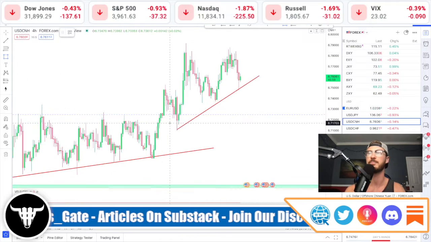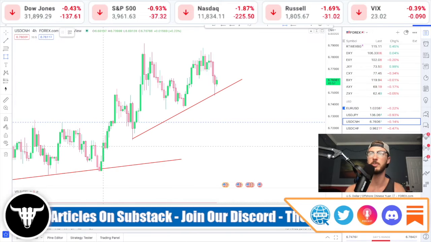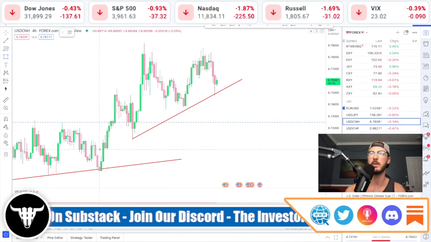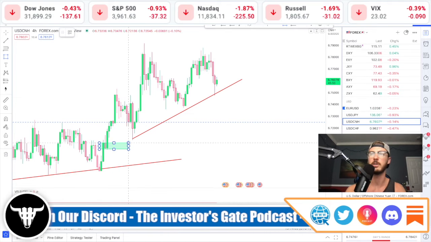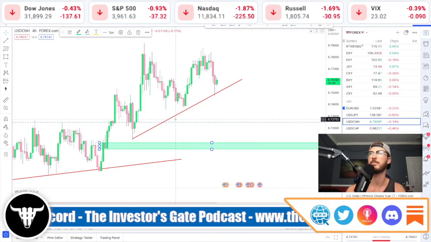This is the bottom. Now there's two different levels you could play off of this demand. I think this is a good level. I would probably be looking at this, maybe somewhere around there.